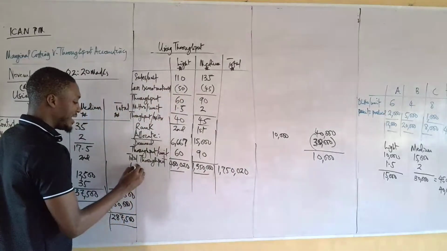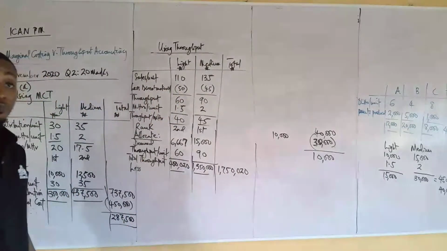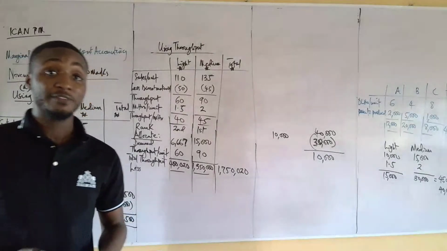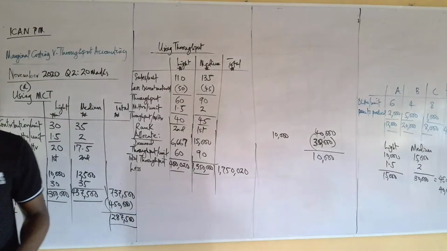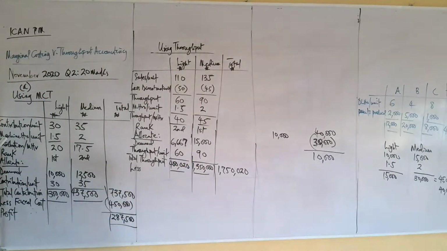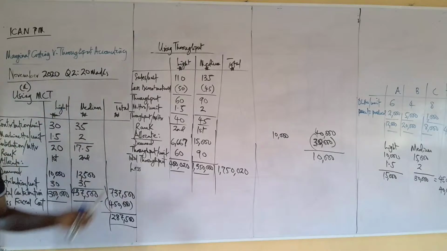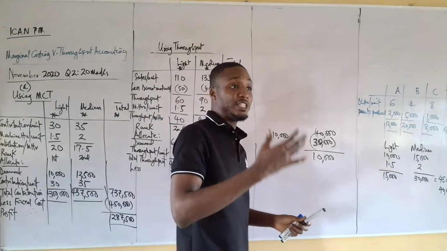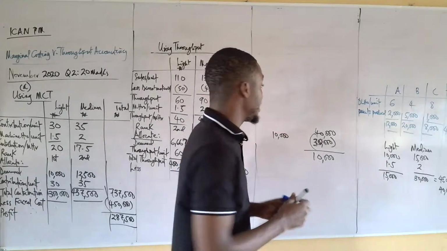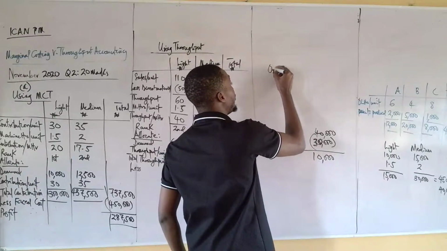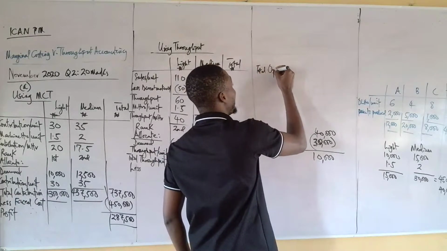Now what we are listing here is not fixed cost, so it's all the other costs apart from material. If you bring fixed cost here, that means you've omitted direct labor and variable overhead, which is wrong. So in throughput, what we less from the throughput is not the fixed cost. It's what we call total operating expense.